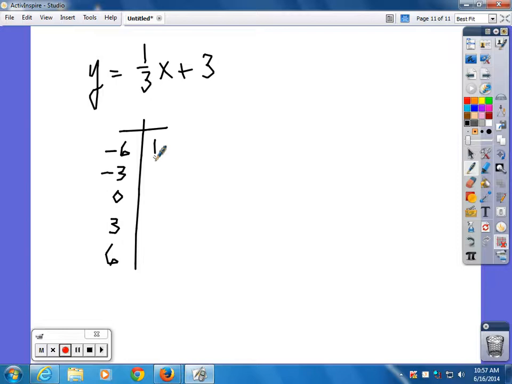Negative 3 divided by 3 is negative 1, plus 3 is 2. 0 plus 3 is 3. And then look, now you can deduce a pattern. 1, 2, 3. What do you think this is going to be? 4 and 5. I usually tell students to at least do 3 and then do the pattern for the rest.